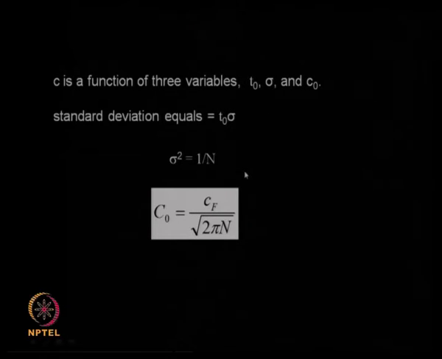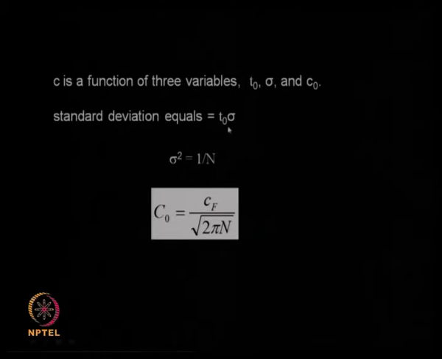So by comparing this relationship with the previous relationship which we derived for a discrete stage model, we can say that sigma square is equal to 1 by n. So you see that there is a relationship between sigma and number of theoretical stages or theoretical plates.